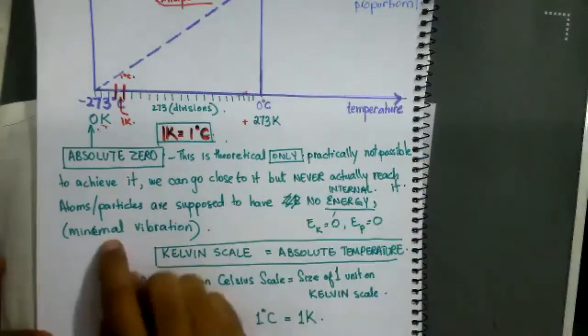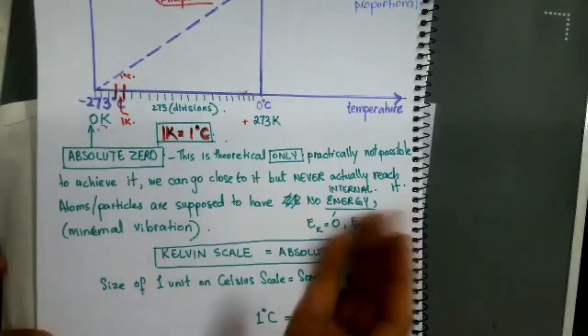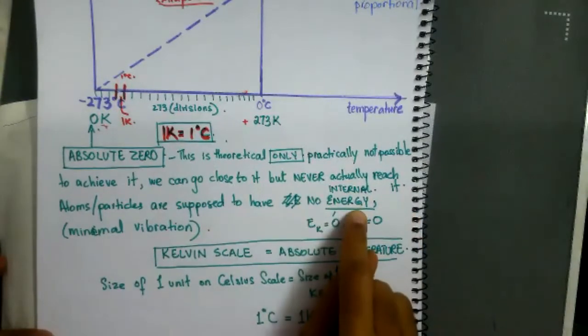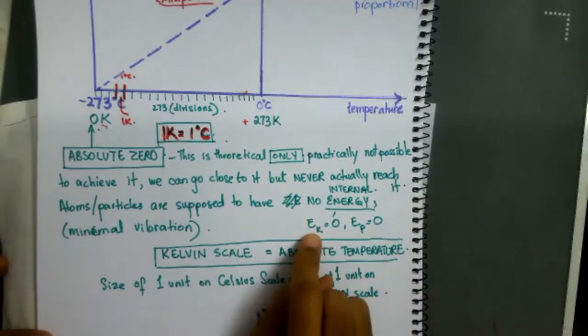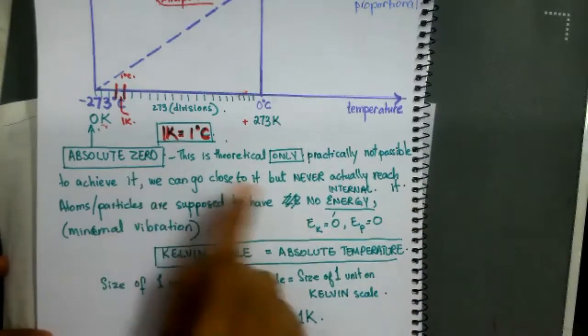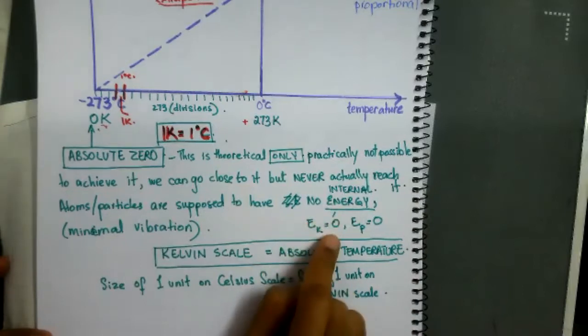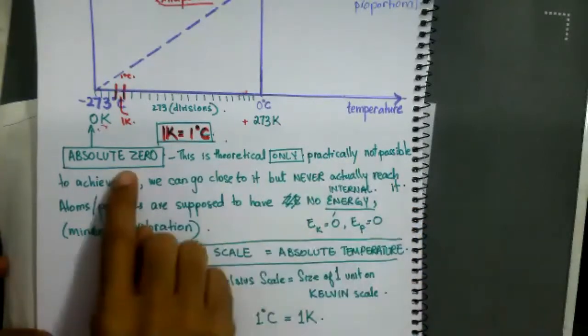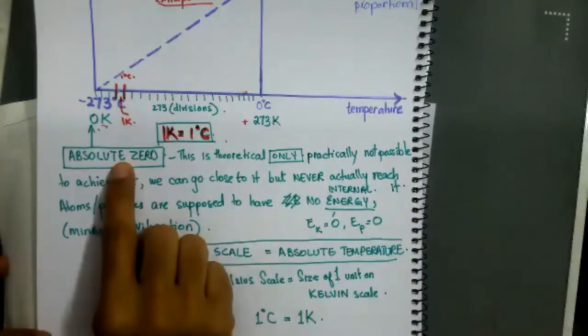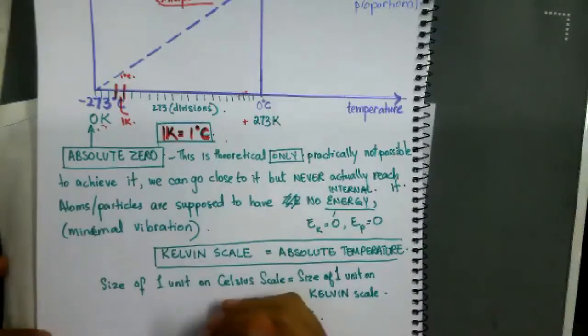They have no internal energy. Internal energy is the sum of potential and kinetic energy. So at this temperature, the particles have no internal energy. Practically speaking it is not possible to achieve this temperature, but theoretically we do.